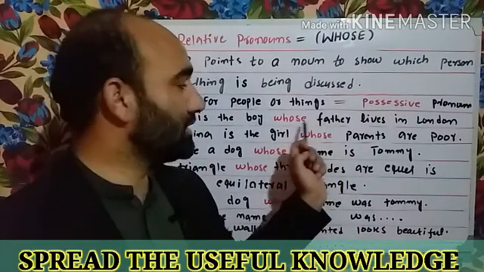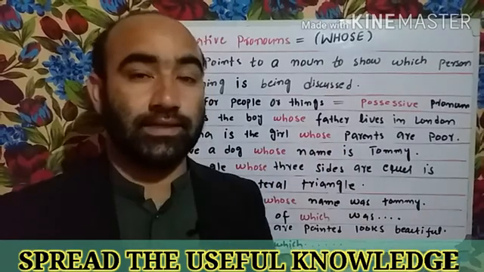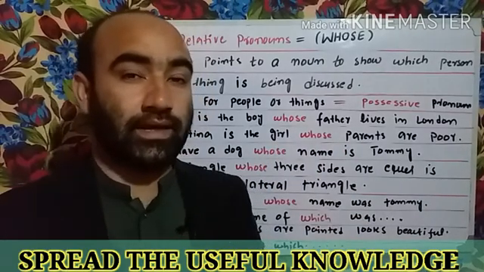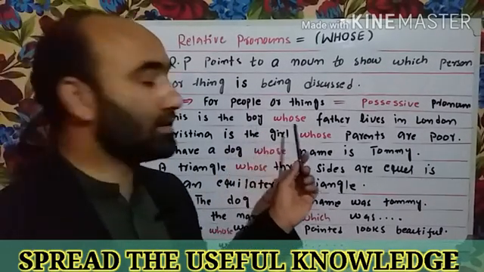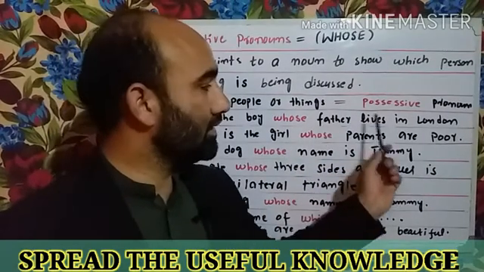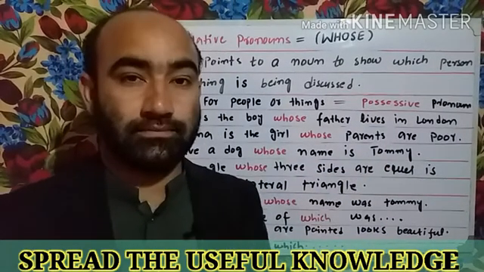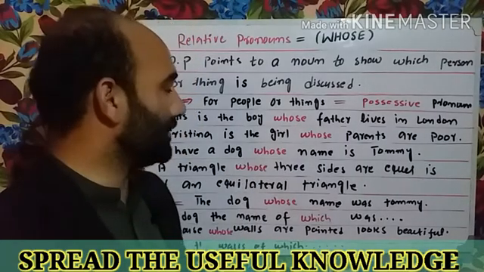It shows the relationship with father. And another point here is that you cannot say here that this is the boy's father live in London. Not at all. You cannot say that. Okay?